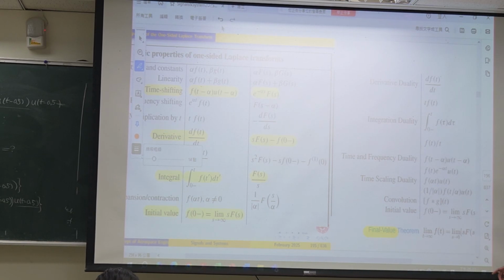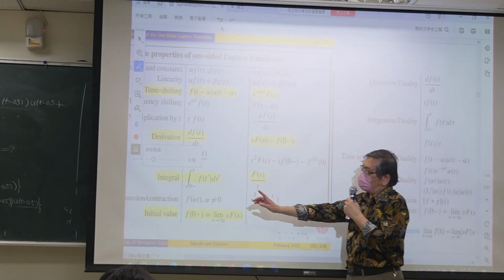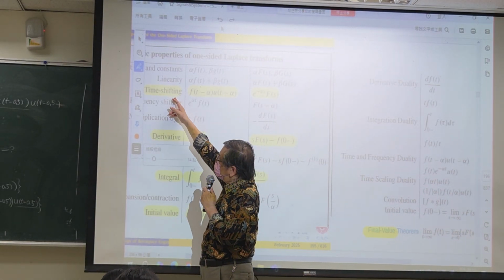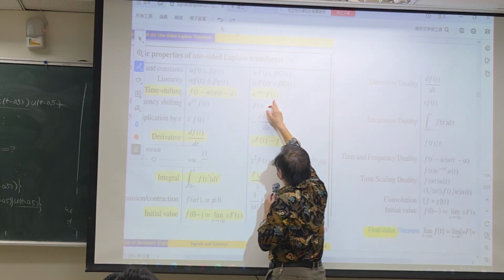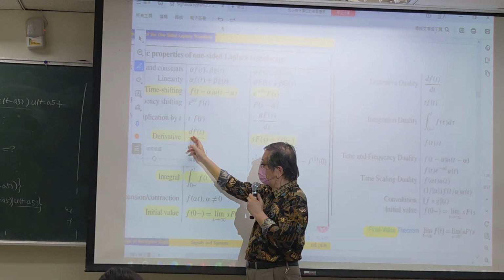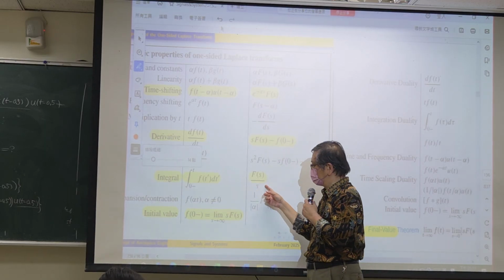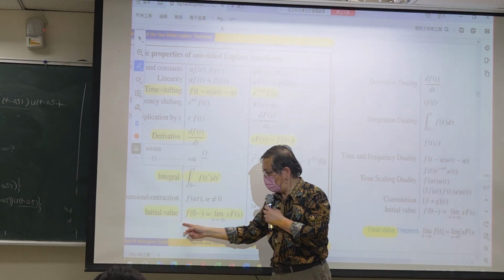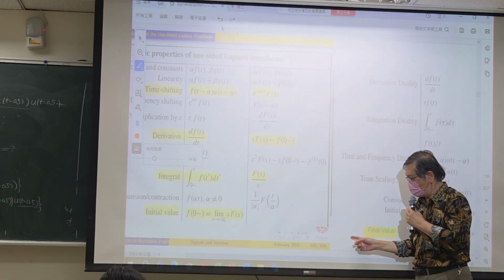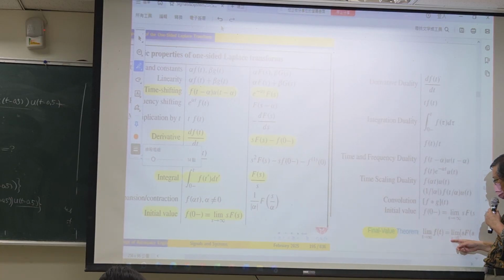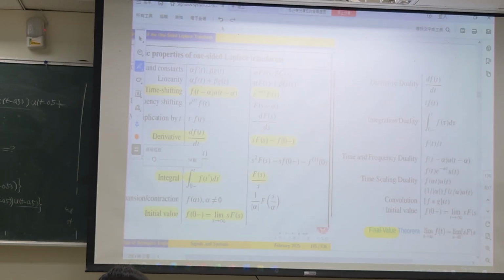Please prove the following properties: first one, time shift; second, derivative; third, integral; and then the initial value theorem and the final value theorem. You can find the answers from many different books.